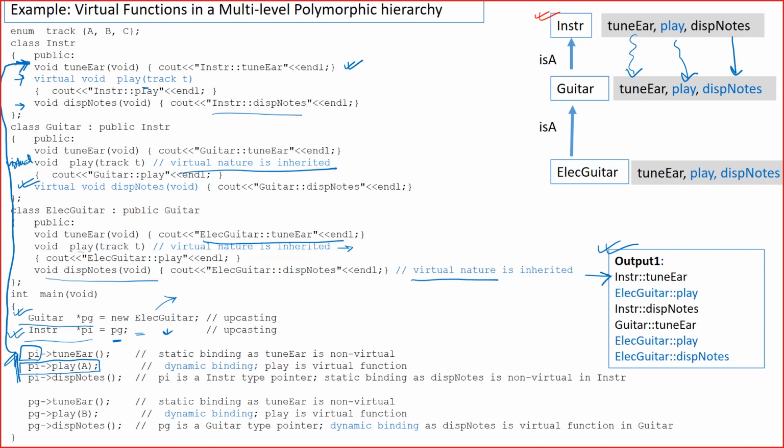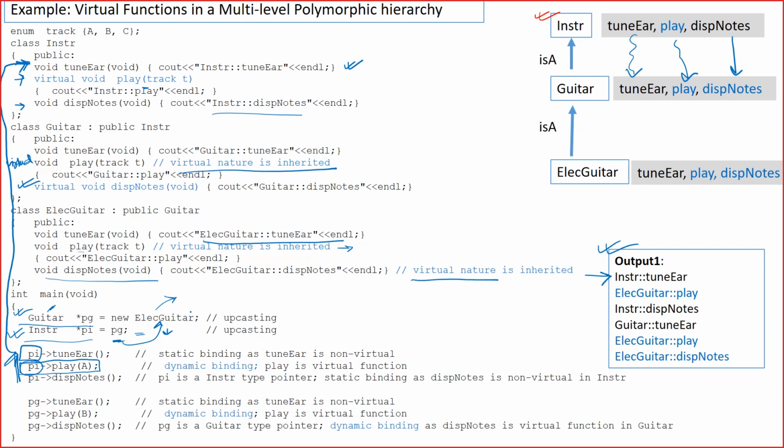So if we find any virtual version of the function, we will see which type of object this pi is pointing to. pi is pointing to pg, and pg is a guitar type object pointing to the actual address, that is electric guitar.